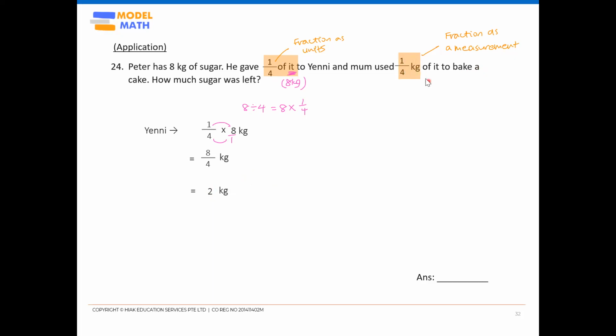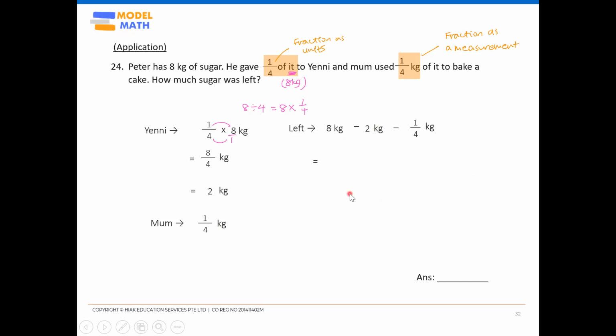No need, because this is already a mass. So with the original 8 kg, we can safely find out how much is left simply by taking your 8 kg from the start, minus away what he gave to Yenny, minus away the mass that the Mom used. Like this, you see, all in kg.